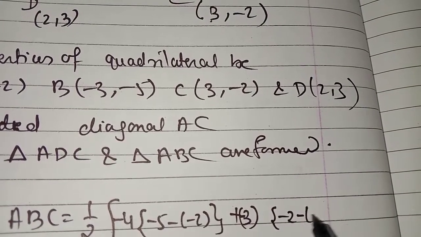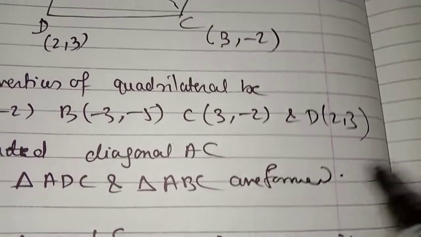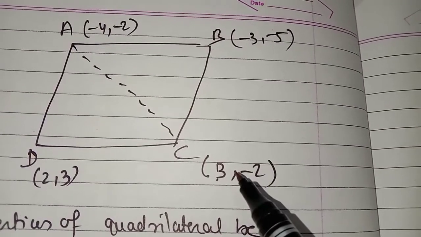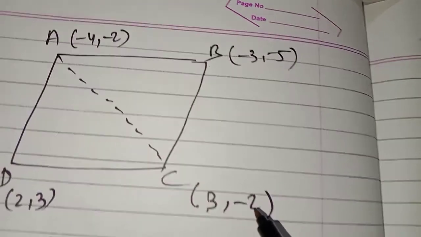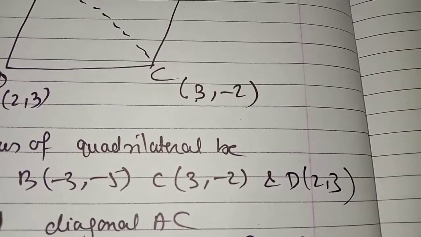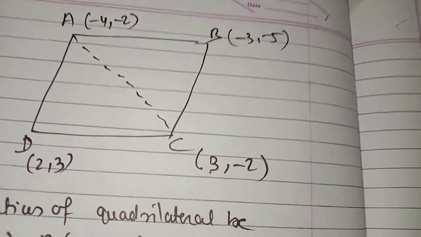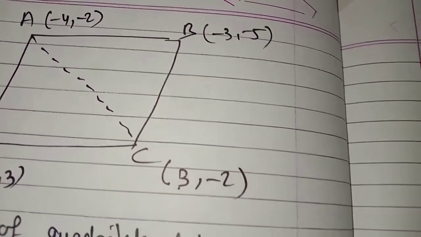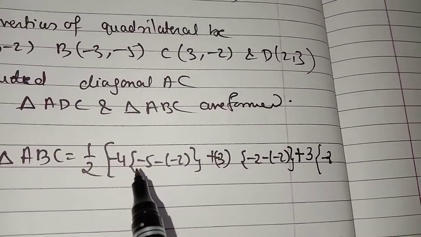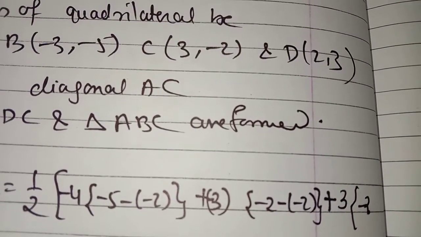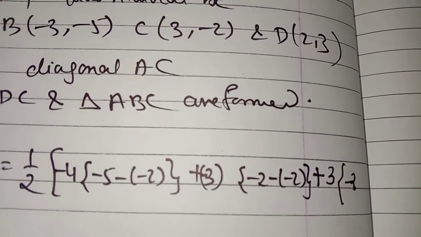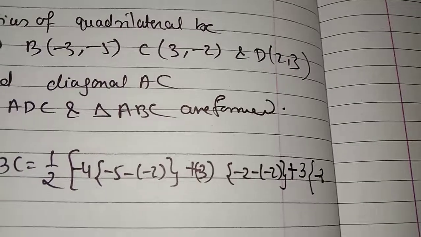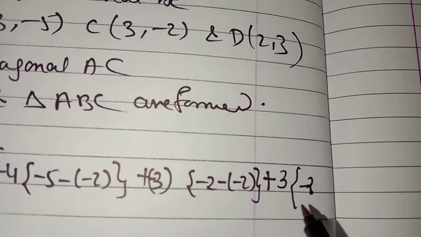Then you will write here -2 minus -2, and then plus 3, and then 3 and -2 for C. See once again the calculation, it is minus 4, then minus 5 minus 2, and minus 3, then it is minus 2 minus minus 2, and then plus 3. So plus 3 is what, it is minus 2.